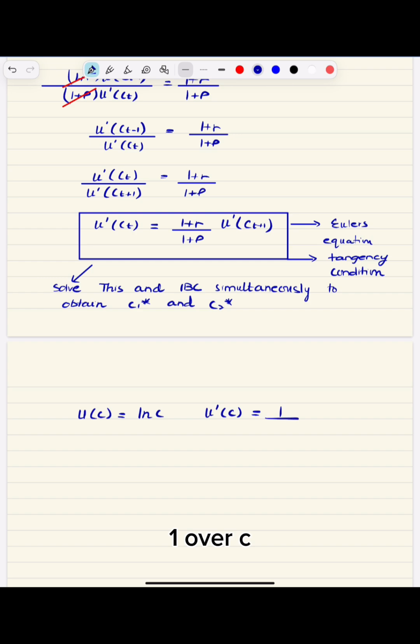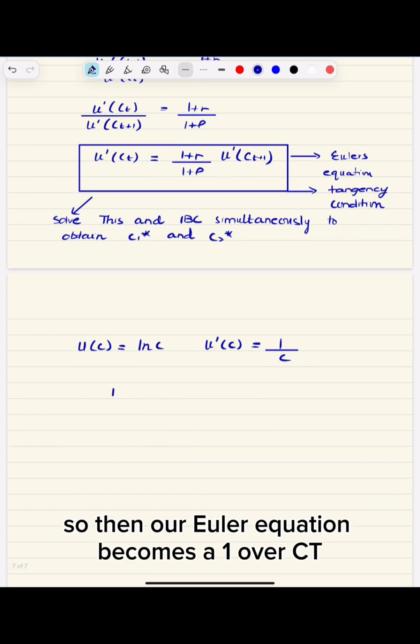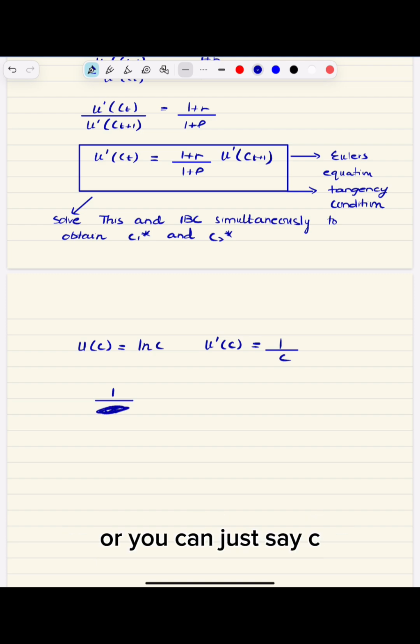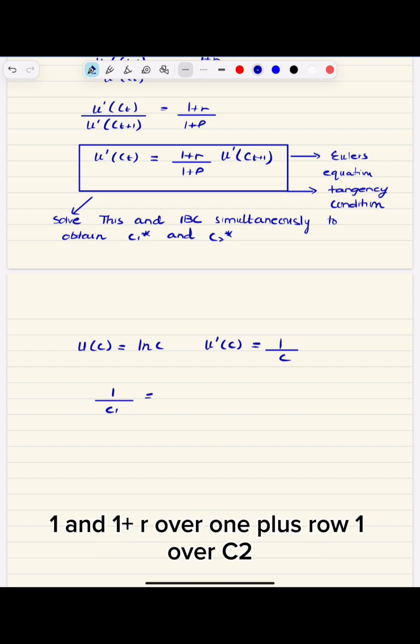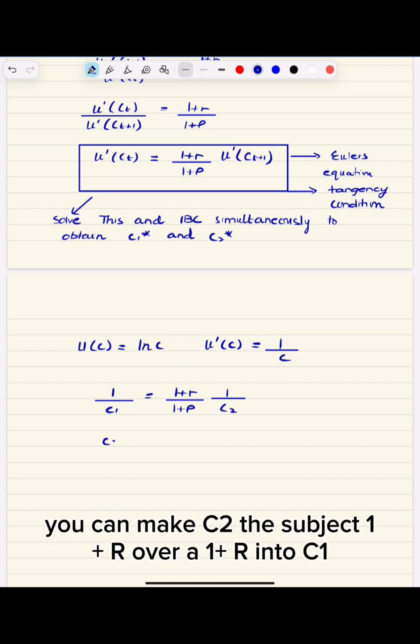So then our Euler equation becomes 1 over c_t, or you can just say c_1, equals (1 plus r) over (1 plus rho) times 1 over c_2. And from here you can make c_2 the subject: c_2 equals (1 plus r) over (1 plus rho) times c_1.